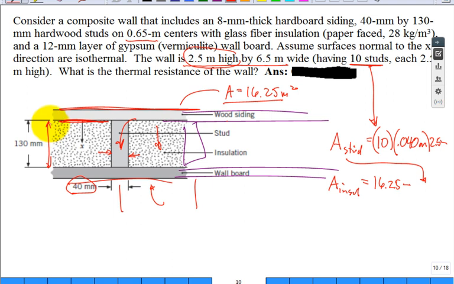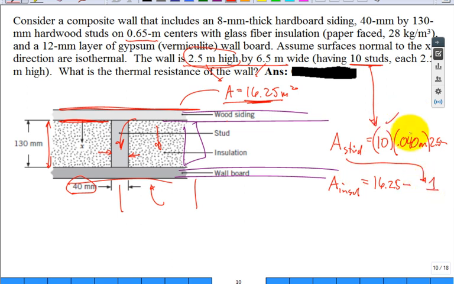Yeah. So it takes a while just to get the areas right on these. I know it's geometry, but you have to get the area right. So hopefully you understood where this 16.25 came from: 2.5 times 6.5. Where do I get the area of the stud? The numeric value for the area of the stud is, actually, 1 meter squared.